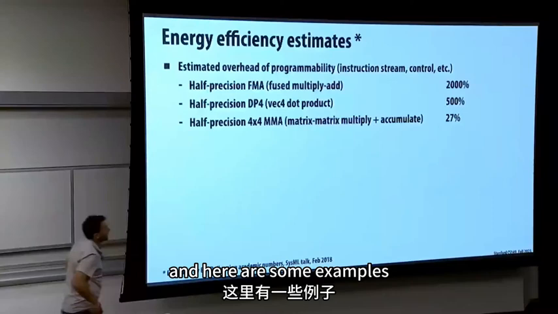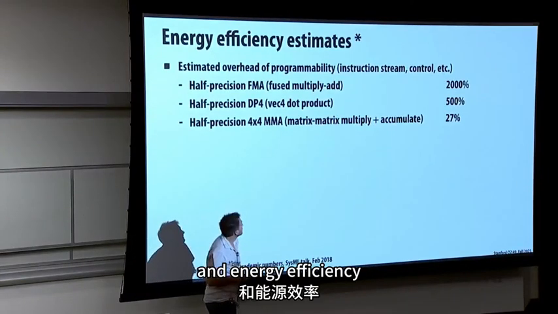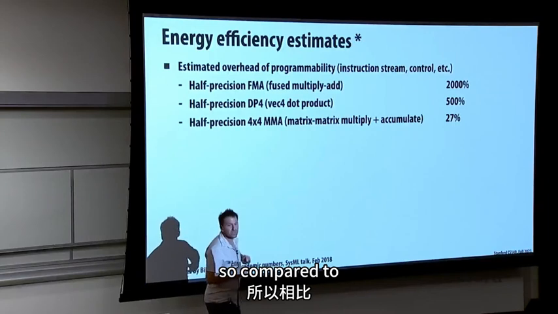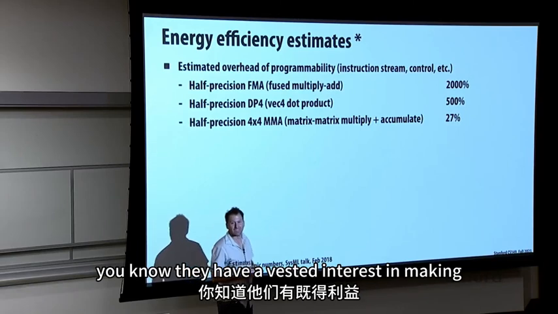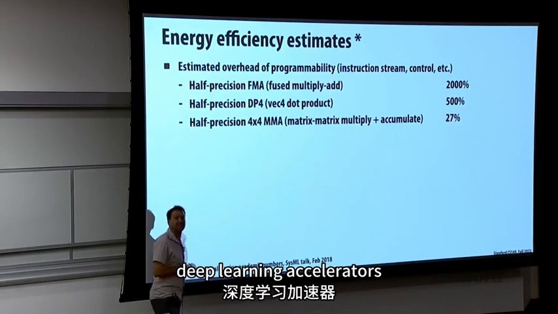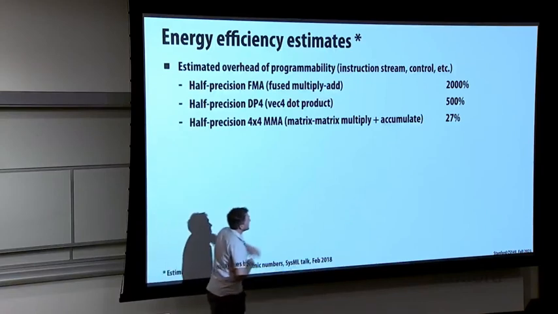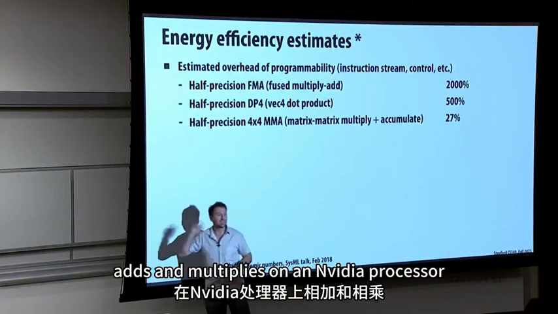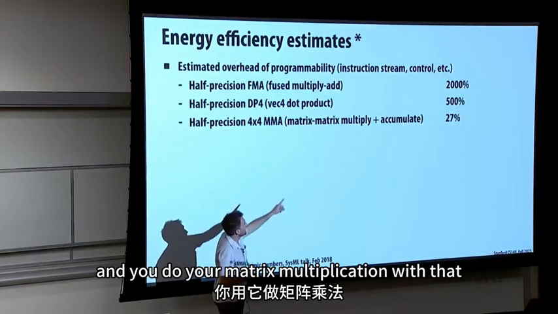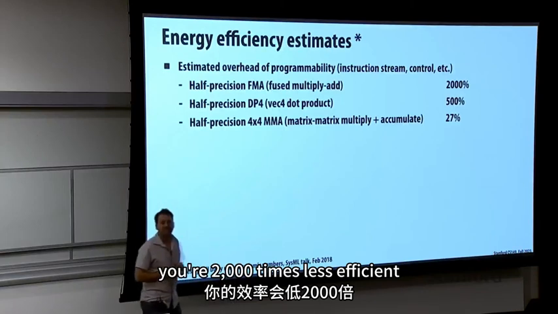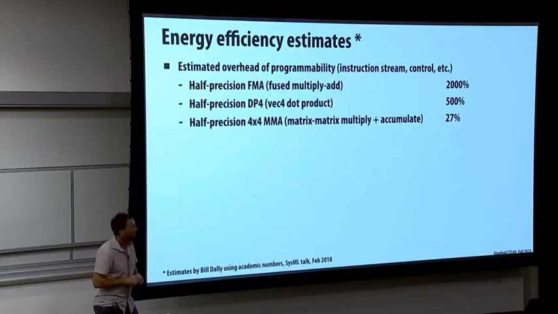And here are some examples of the magnitude of that overhead in energy efficiency. These are NVIDIA's estimates, so they have a vested interest in making deep learning accelerators like TPUs seem not so efficient. But they said if you just run adds and multiplies on an NVIDIA processor and you do your matrix multiplication with that, you're 2,000 times less efficient than if you built custom silicon to do that matrix multiply.